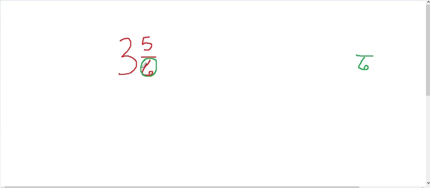We obviously have 5/6 of whatever we're counting. And then what is this in sixths? Really, 3 wholes in sixths would be 6/6 times 3. We have 3 of these 6/6.